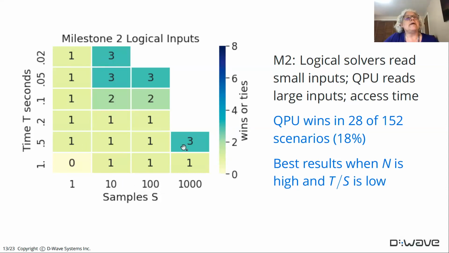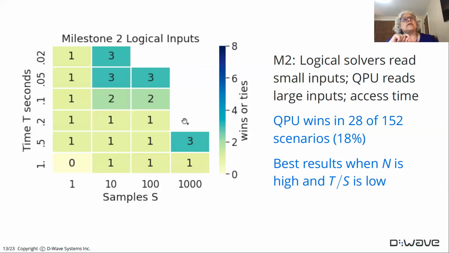There are places where it wins. There was one input amongst the logical problems where the QPU did very well, except for the case where you need one sample in 1 second. Otherwise the QPU won. And there were 2 inputs where the QPU succeeded when the number of samples is high and the runtime is low.